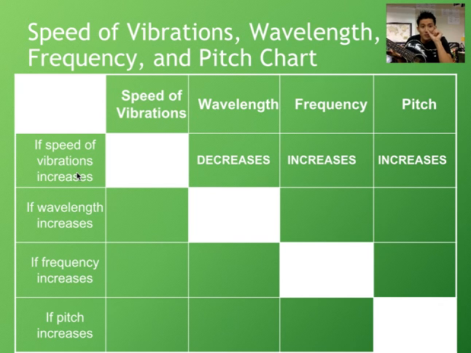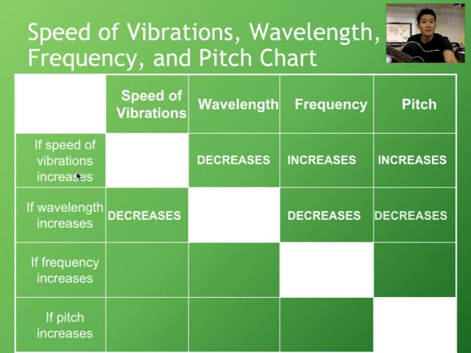If my wavelength increases, if I have longer wavelengths, my speed of vibration is going to decrease. Notice I am increasing the wavelength. What's happening to my frequency at this time? Well, my frequency is going to decrease, as well as my pitch. And as you can see, that's exactly what happens to my guitar.